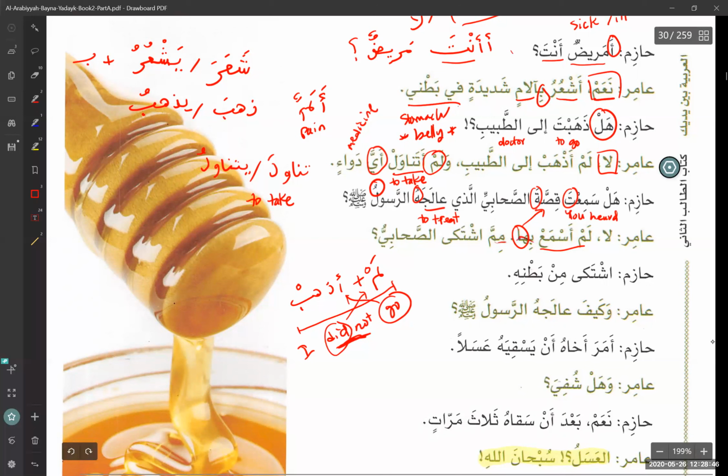Then we have mimma ishtaka sahabi. Mimma is min mada, from what? Mimma actually can also be min and ma, from what? Ishtaka sahabi, but usually when we have a verb we say mada, it doesn't matter. So mimma basically means from what?